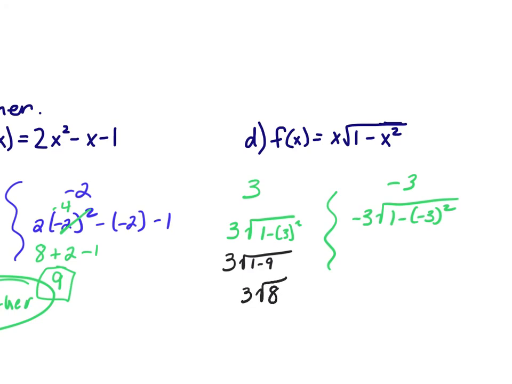So I have 3 times negative 8, negative 24. Oh no, sorry, you've got to square first. So this would be 9, this should be 8. So I have negative 3, and then I have negative 8.